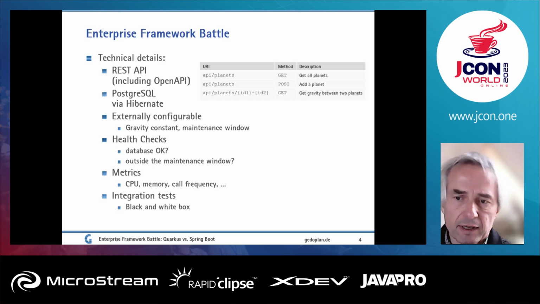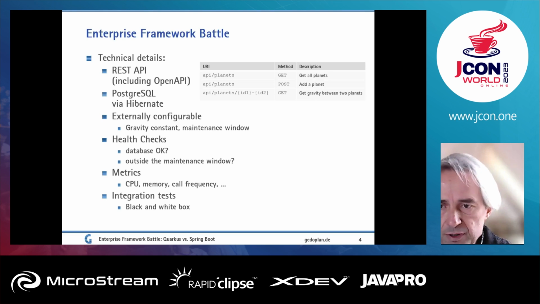That should be enough. As database, we use Postgres, Hibernate, JPA, and the application should be in some kind externally configurable. We also made the gravity constant configurable. It's a physical constant, you don't have to make that configurable, but just as a showcase.